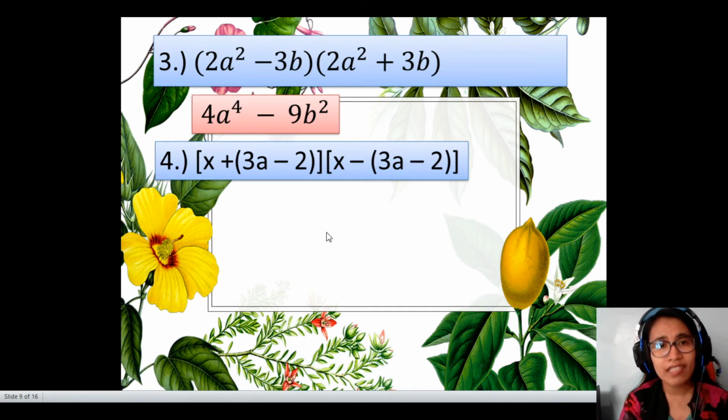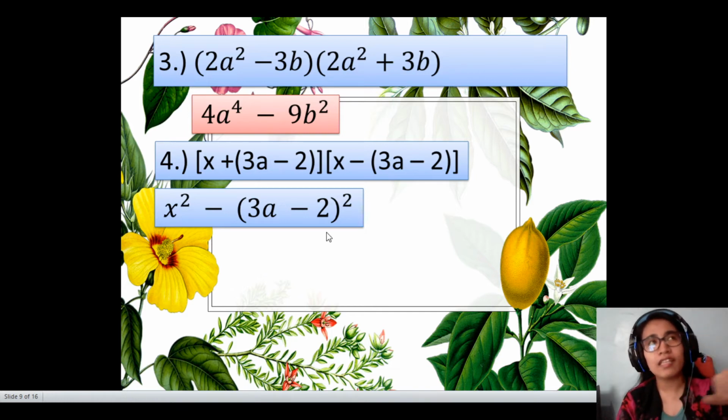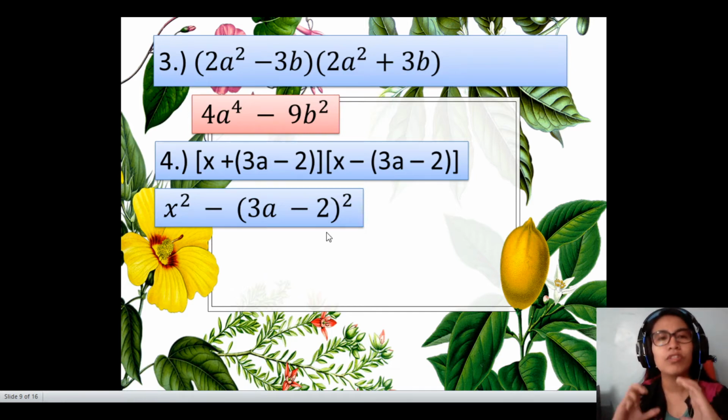You have x times x, which gives us x squared. Then you will have 3a minus 2 times 3a minus 2. So you just write negative, put your 3a minus 2 first in a parenthesis. 3a minus 2 is squared. Then apply your square of binomial from before.